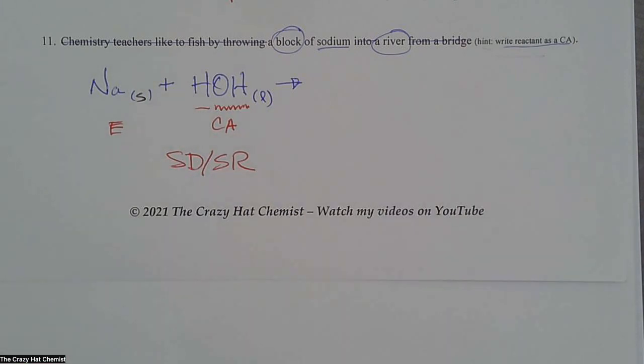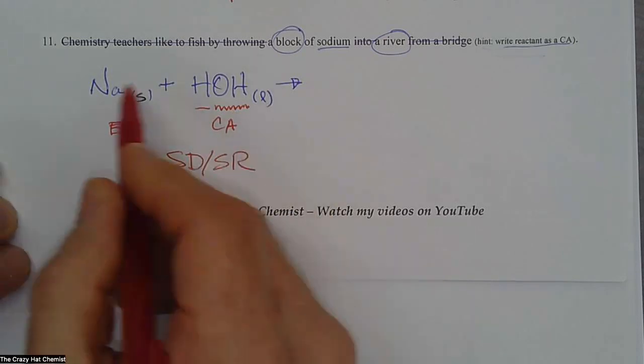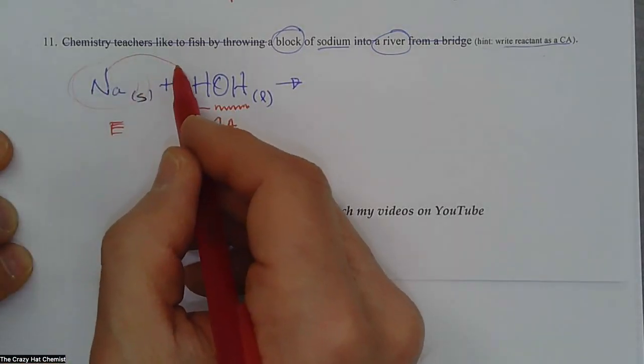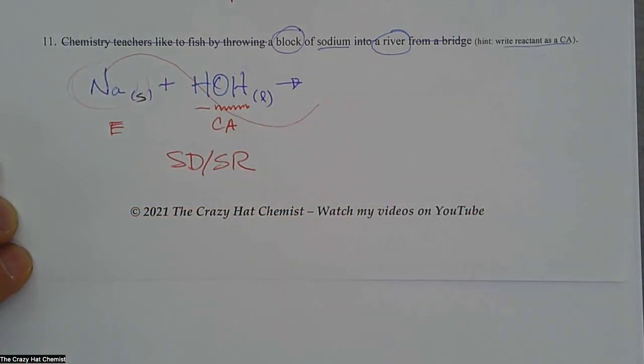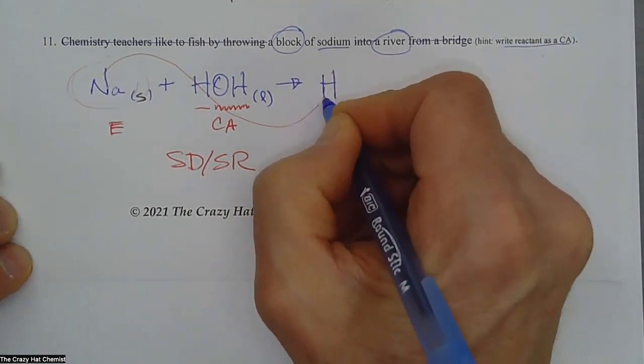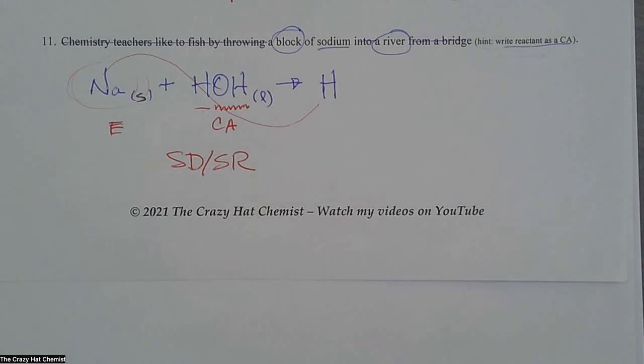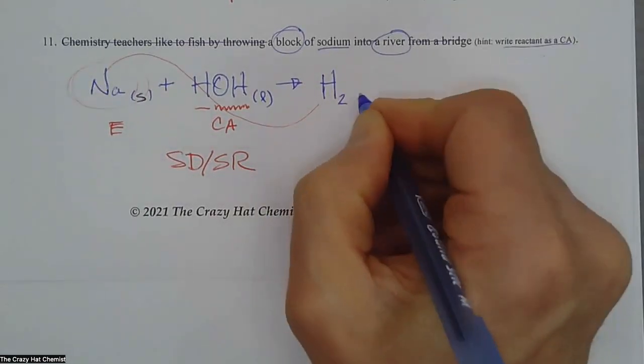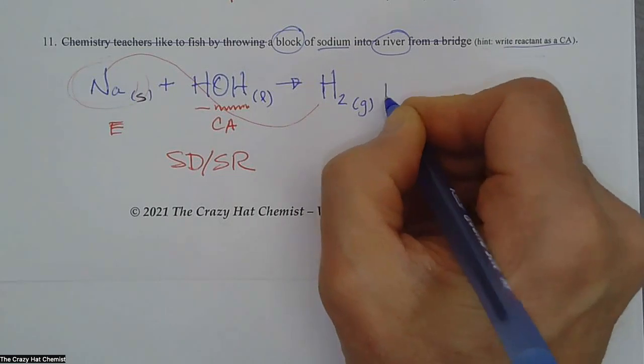That will help you identify what you can do with this and see that there's a cation and an anion clearly. Sodium is more reactive than hydrogen. It will displace the hydrogen. And now you're going to get hydrogen. What's the formula for hydrogen when it is an element by itself? Well, it is H2, and that is a gas. Hopefully that makes sense.